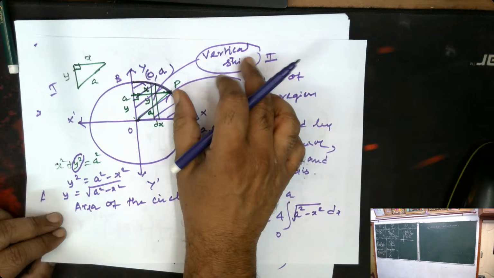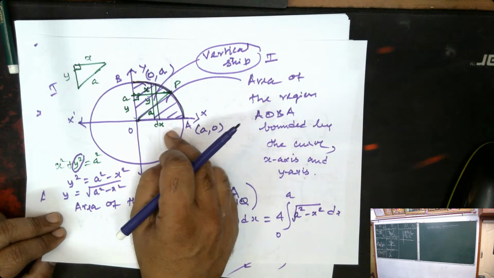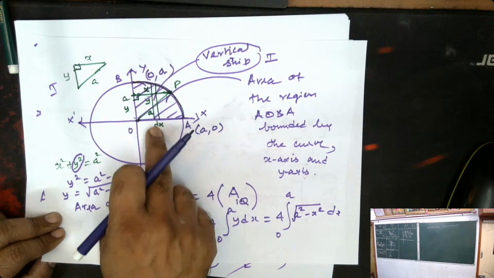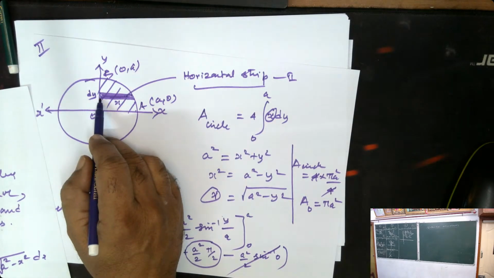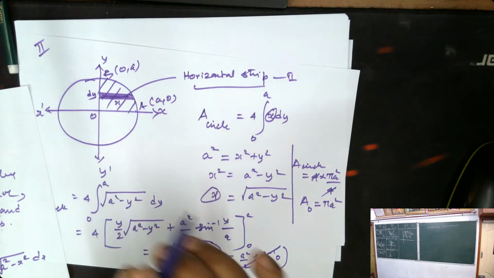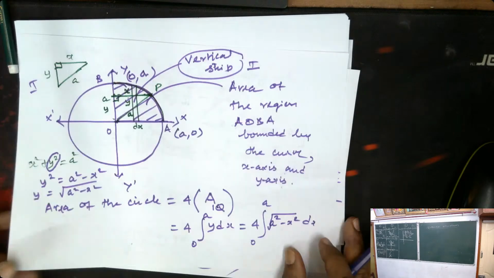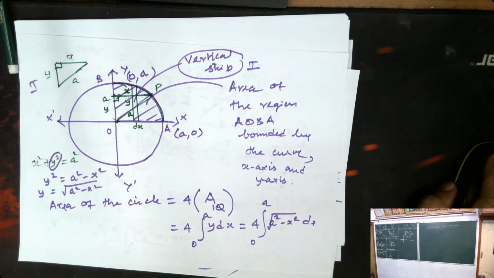Okay, so in the vertical strip method, you have to consider the vertical strip with the dx as the width and y as the length. In the horizontal, dy as the strip width and x as the strip length. Okay, so based on that, we can easily arrive at the area of the circle as what? Pi a squared, right?